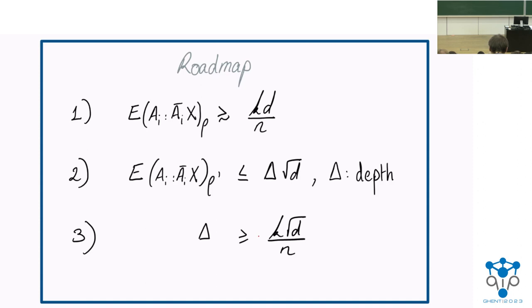So you can see that if K and D are large, this quantity goes up. On the other hand, we're going to show that rho prime, the state we obtain at the end of the circuit, has bounded entanglement. So we're going to see that the entanglement between the square and the rest of the system is at most delta, where delta is the depth of the circuit, times square root of D. And eventually we can combine all of this, and this gives a lower bound on the depth.